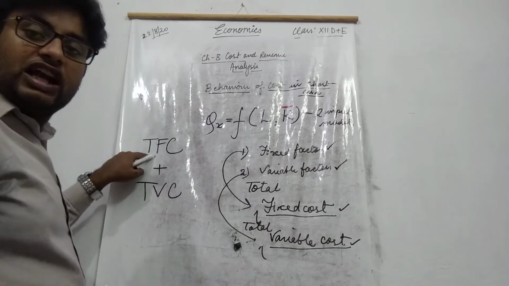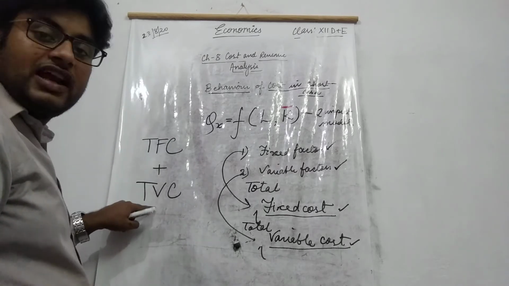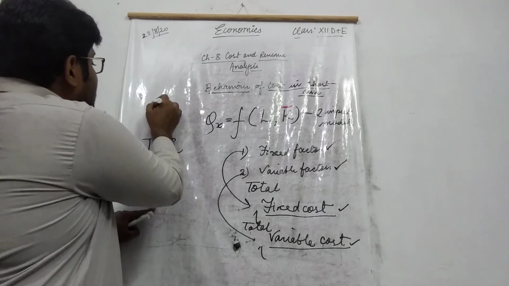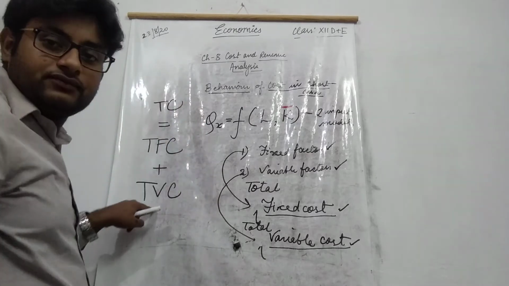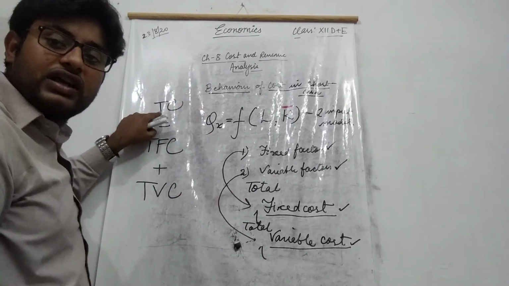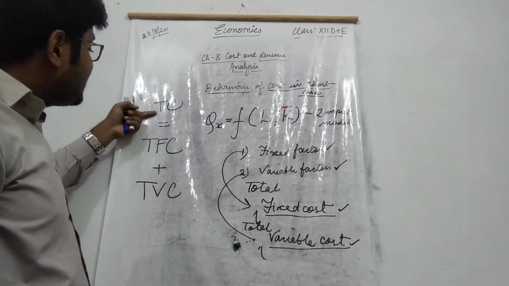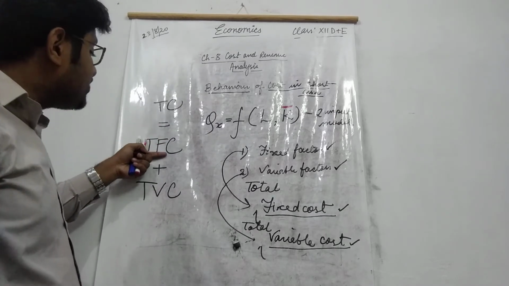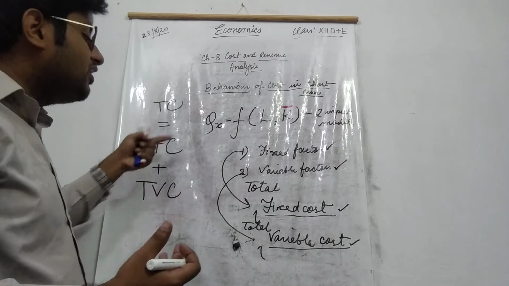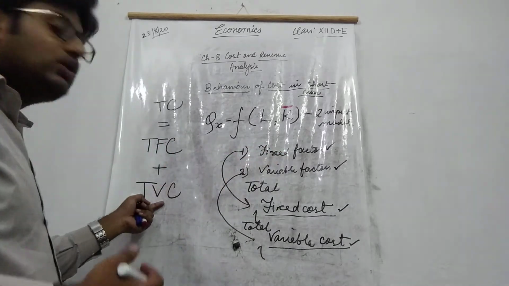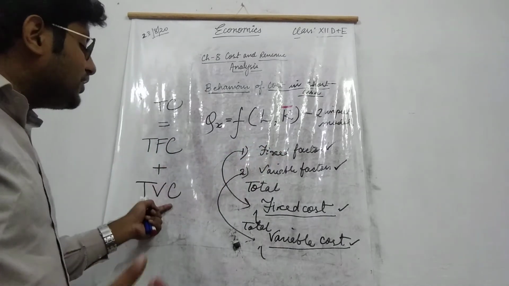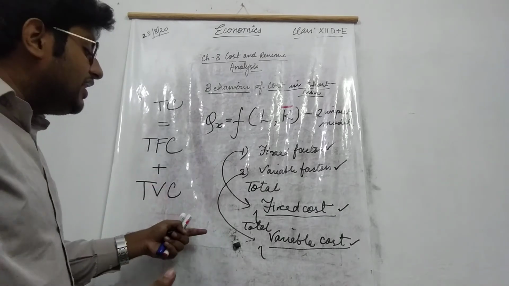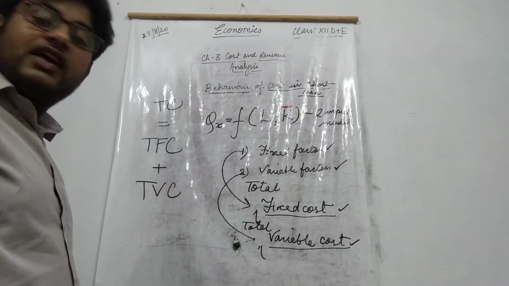And this total fixed cost plus total variable cost is equal to the total cost. Okay, if I talk about the total cost in the short run, then it is equal to the total fixed cost, because the producer has to incur some cost on running the fixed factors, and the total variable cost, as the producer has to incur expenditure in employing the variable factors.